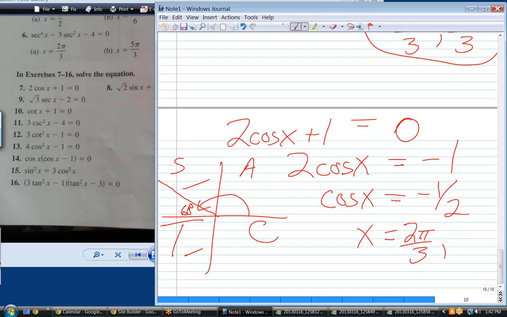The other place is where the third quadrant reference angle is 60 degrees. And what is that angle? 240, which is 4 pi over 3.